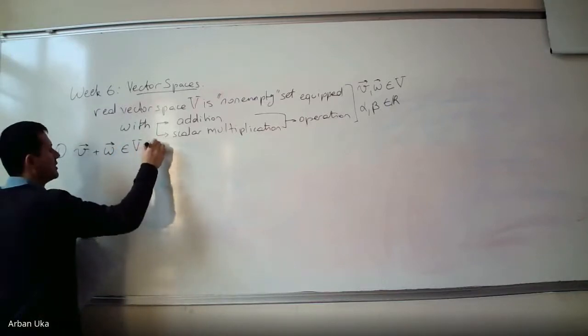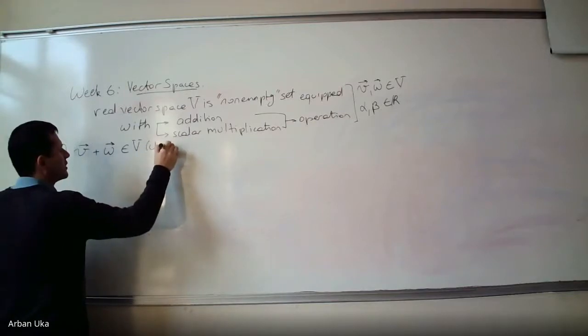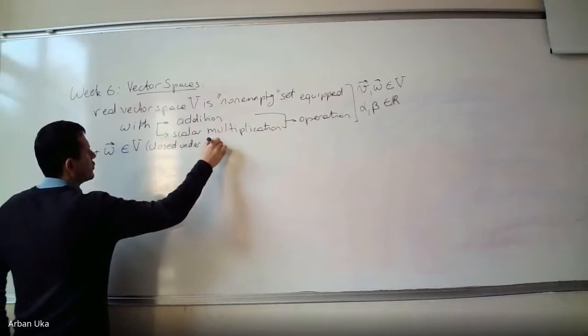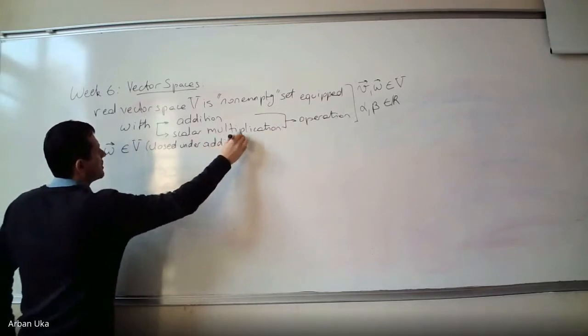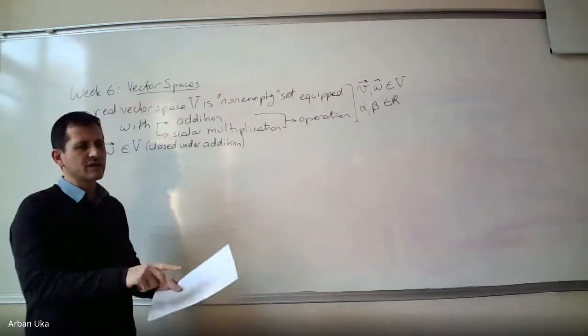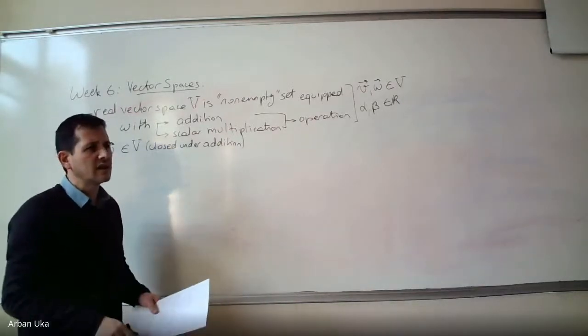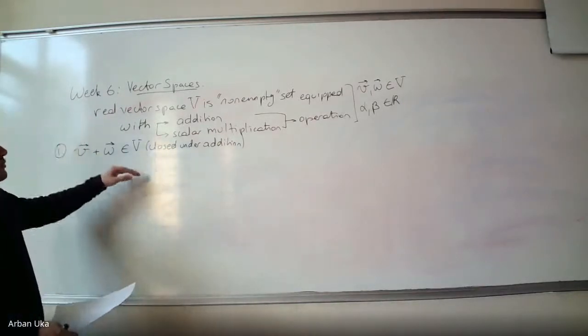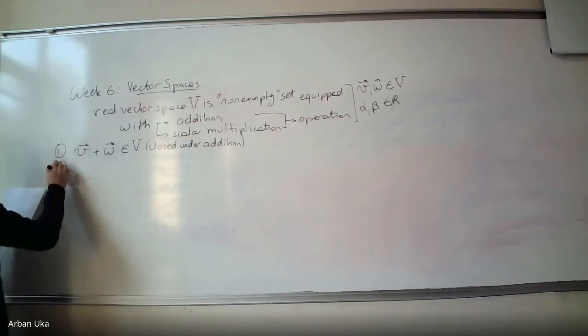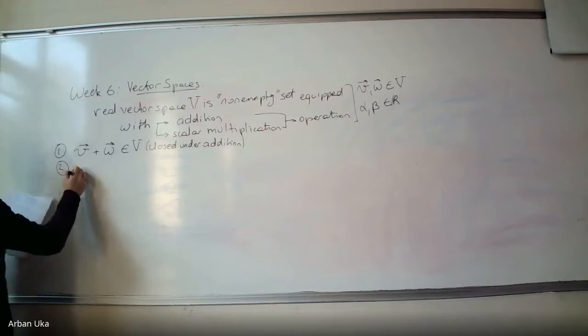This is called closed under addition. When we add two vectors, we wish that the result is still in the space. We don't want to add two vectors and get a vector which does not have the same property of the vector space.